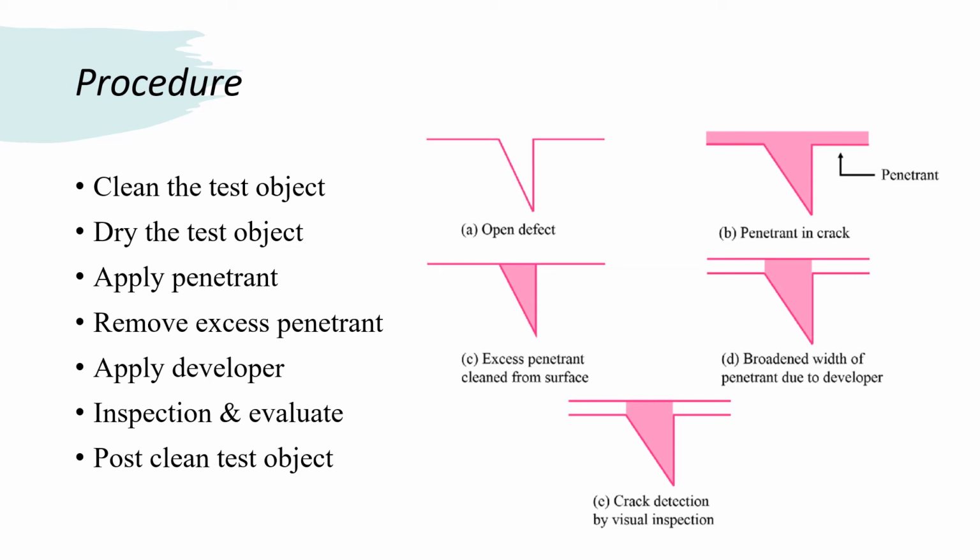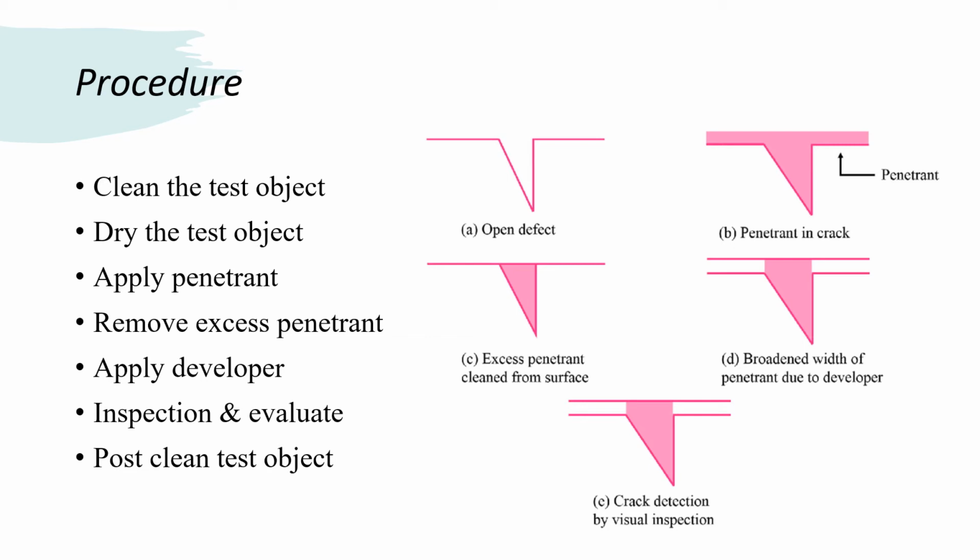If any dirt or dust particles are present on the crack, you cannot find out the flaw in the specimen. So that's why we need to clean the surface properly.